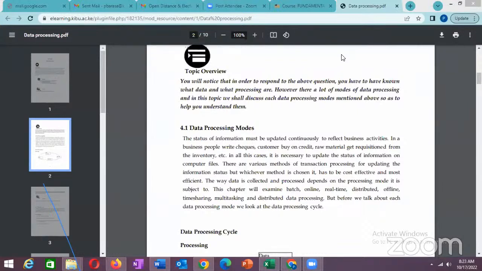I'm able to see how you are responding on the same. Most of you are saying data is the collection of raw facts. Now, what about processing? Very few are talking about processing. Can you now tell me what processing is?